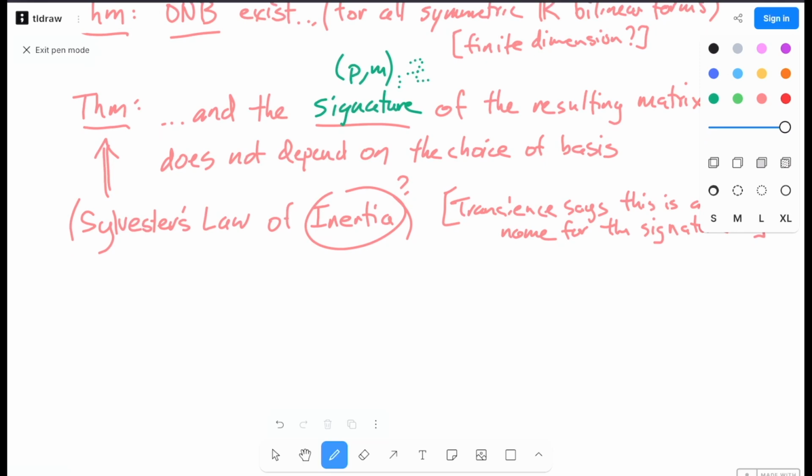So what actually is an orthonormal basis? Thank you for asking that question, Goofy.